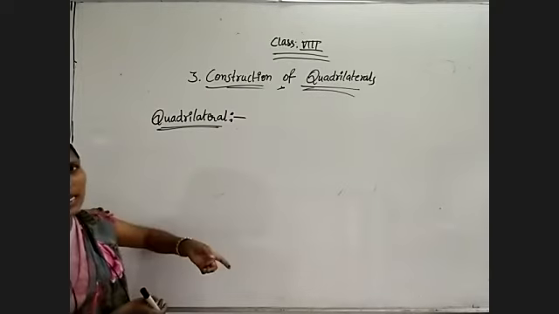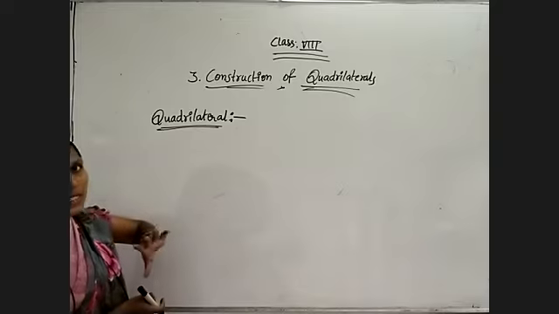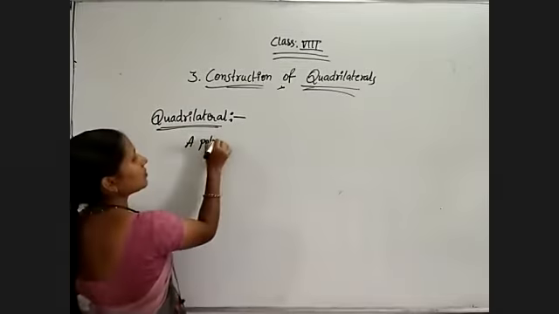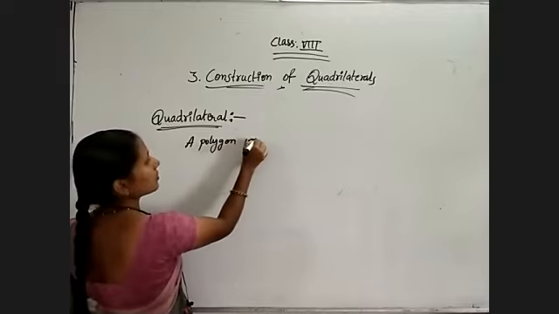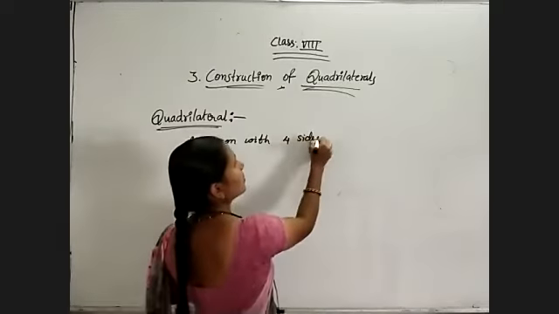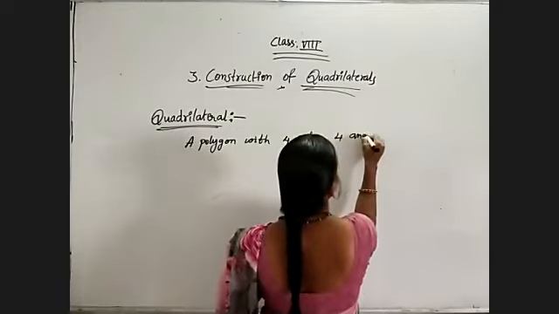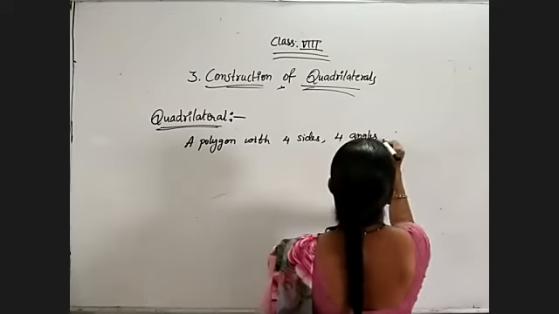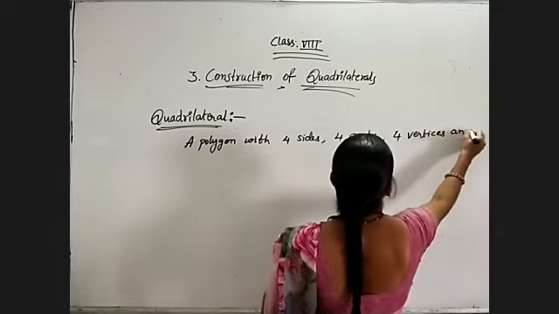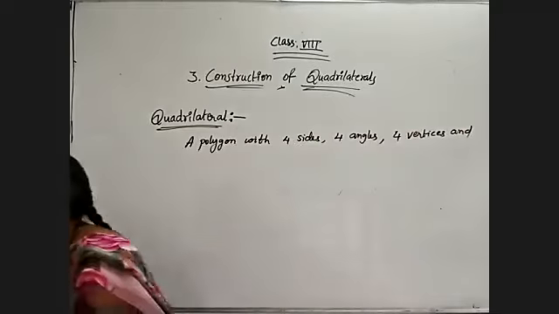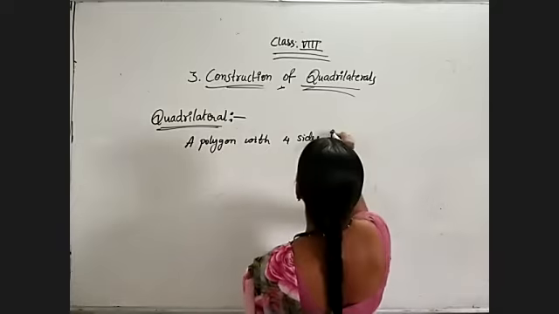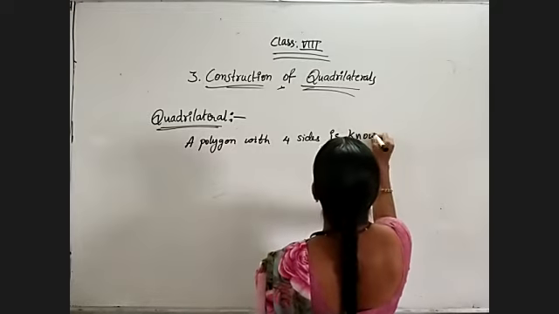But what is a polygon? A closed figure made up of straight lines. So what I am writing: a polygon with four sides, four angles, four vertices, and two diagonals. Okay, these are the properties; afterwards I will tell. Four sides is known as a quadrilateral.